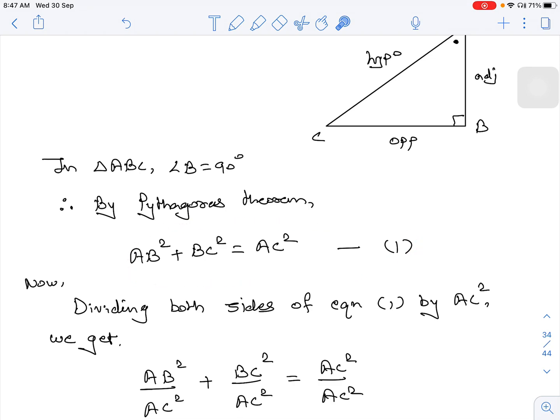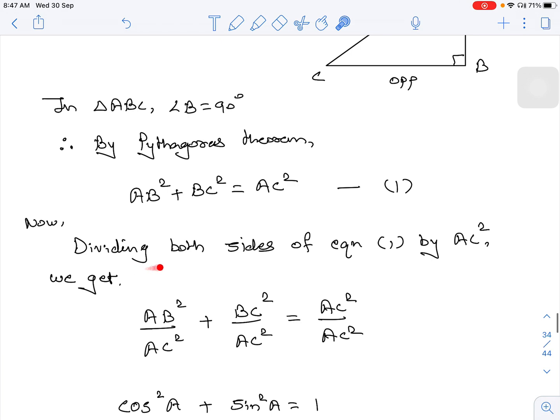Now for finding the first identity, we are going to divide this equation by AC square. Dividing both sides of the equation by AC square, all terms will be divided by AC square. So we get AB square upon AC square plus BC square upon AC square equals AC square upon AC square.